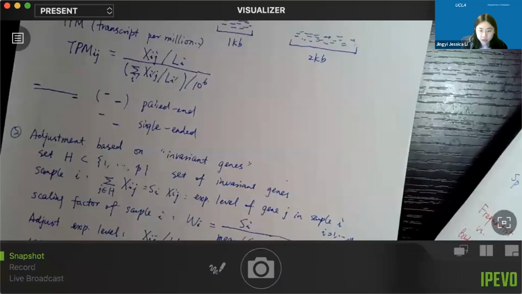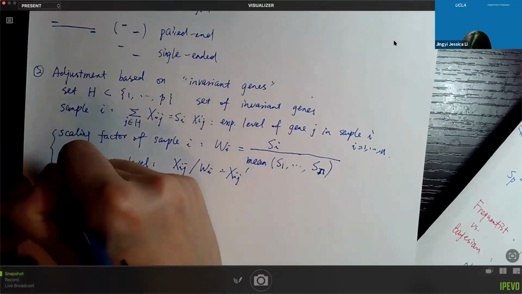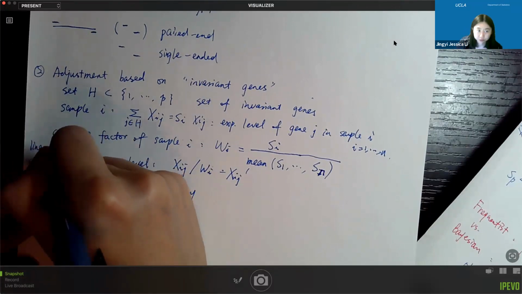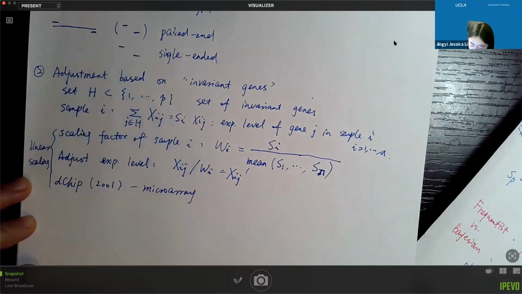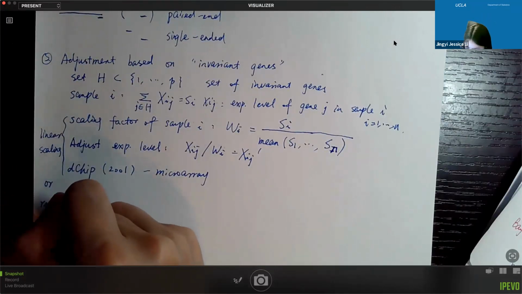Okay, so let me switch back to my handwriting. Regression-based adjustment is like this. This is what I called linear scaling, the simplest way of doing normalization. Or you could do regression-based normalization.